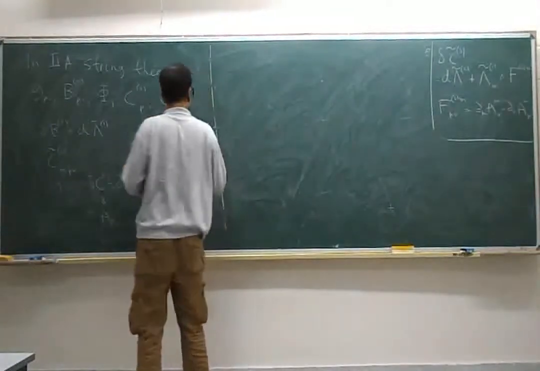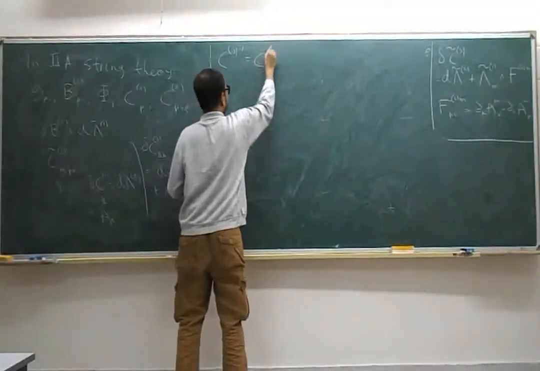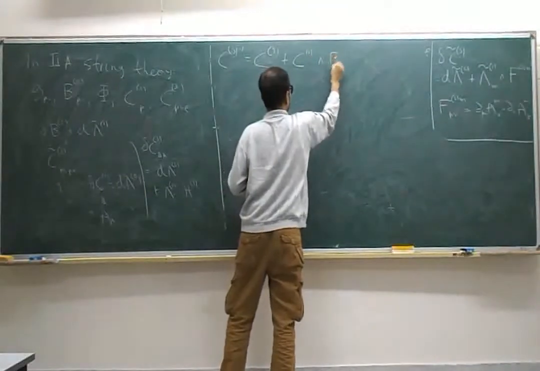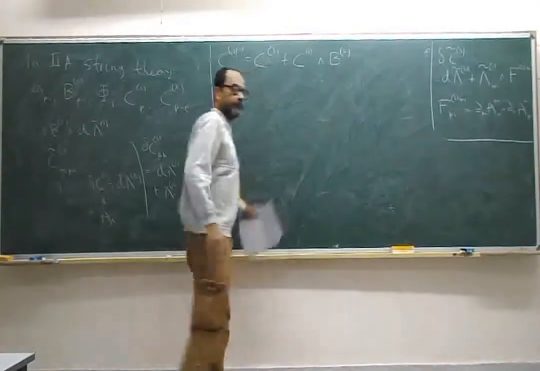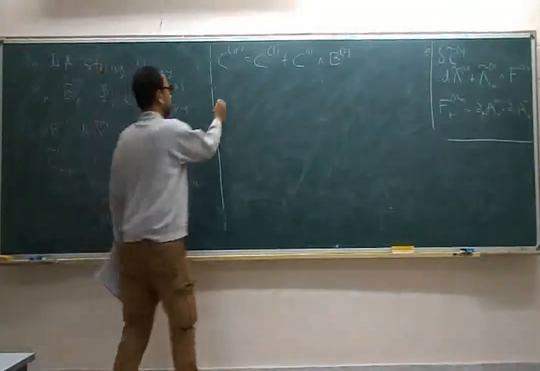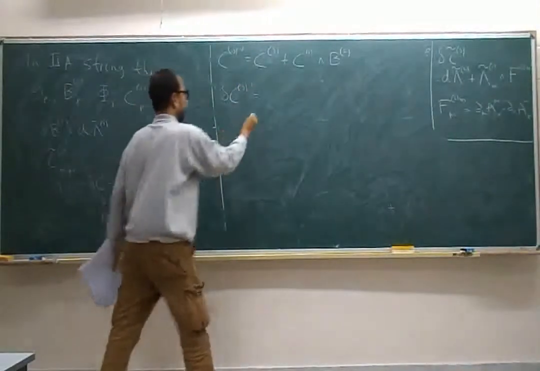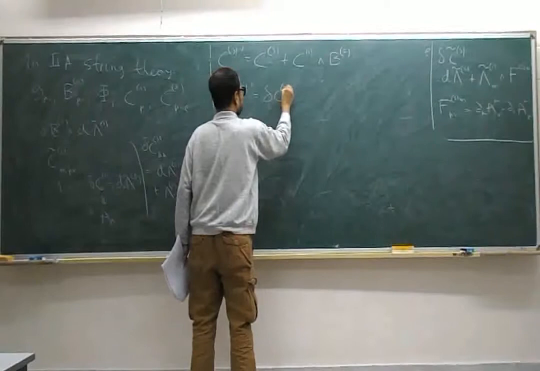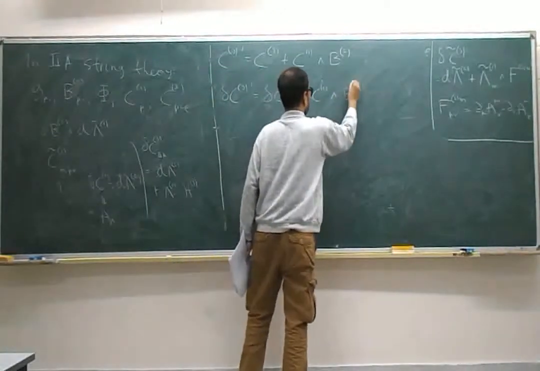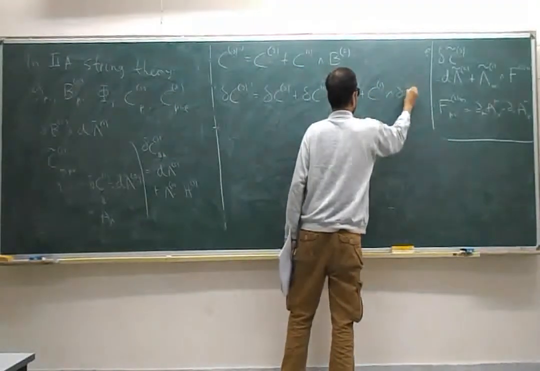C3 prime was C3 plus C1 wedge B2. So delta C3 prime is delta C3 plus delta C1 wedge B2 plus C1 wedge delta B2.